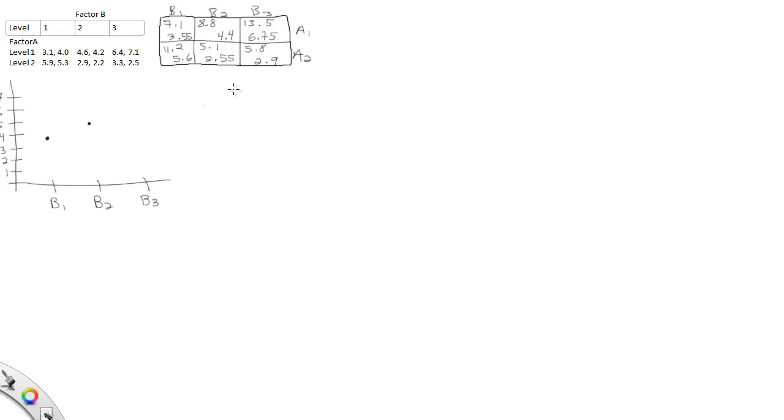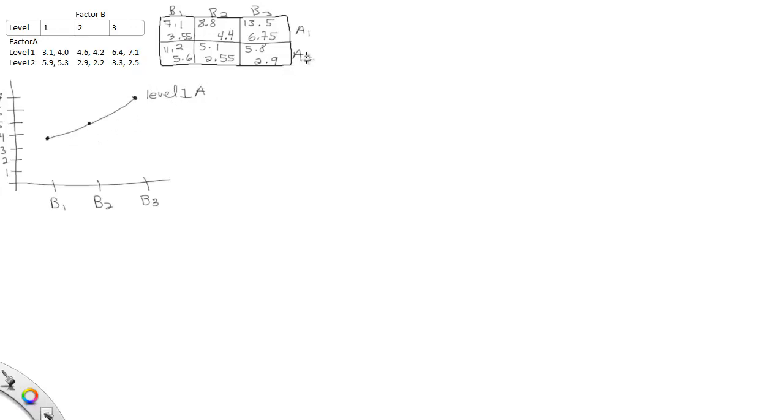And then for the next one, 6.75, I come up and maybe I'm there, right? Okay, so let's connect these dots. So there's the first list of values, 6.75, 4.4, 3.55. That's going to be level 1 for factor A.